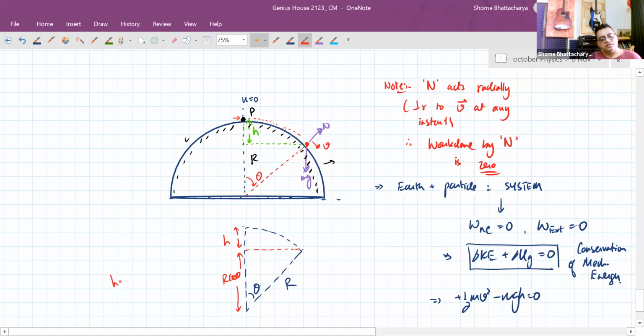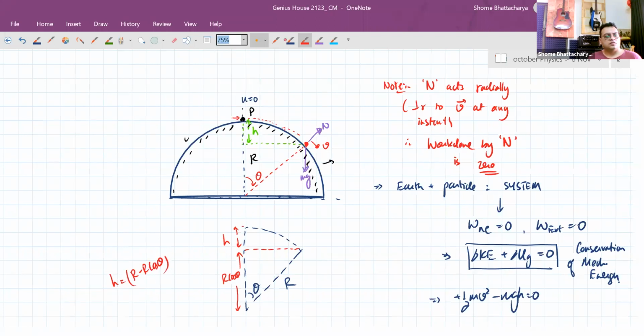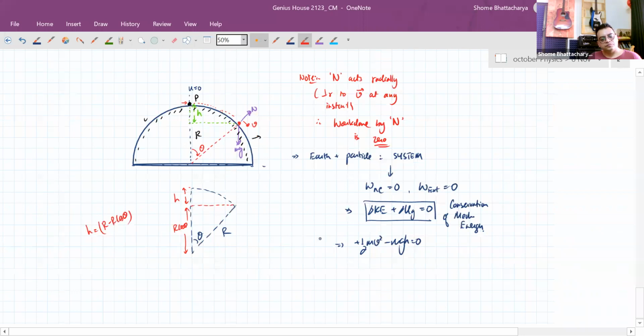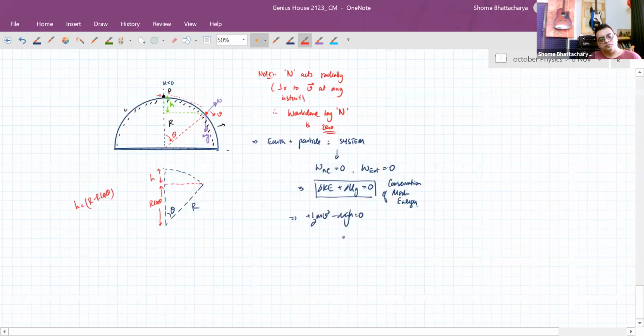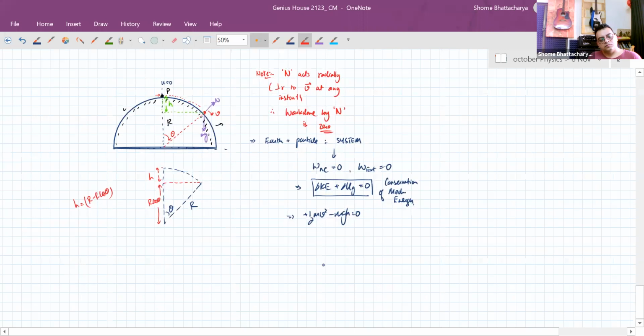You can see that h is equal to r minus r cos theta. So this becomes the answer to your first part, v as a function of theta.